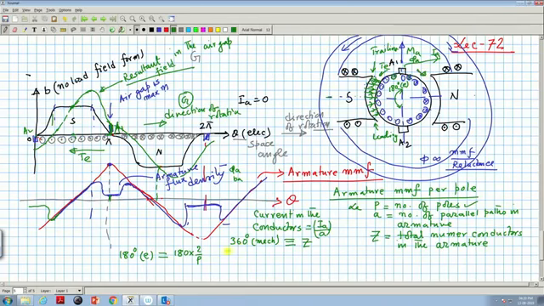Therefore, under 180 degree electrical, that means 180 into 2 by P mechanical degree, how many conductors will be present? It will be Z by 360 into 180 into 2 by P, that is equal to Z by P.